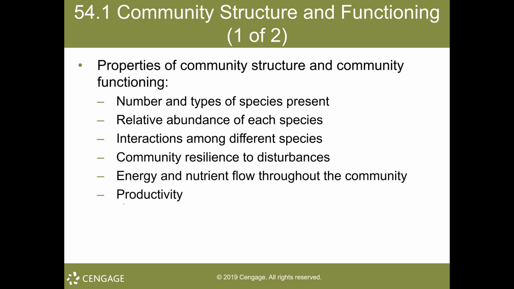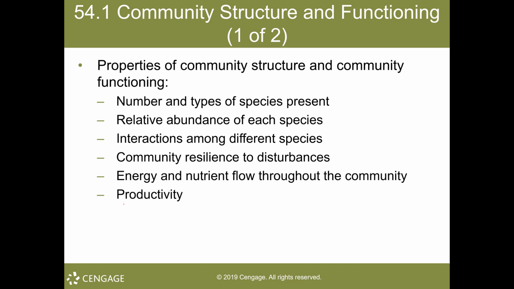Communities exhibit characteristic properties that populations lack. These properties are known collectively as community structure and functioning, and that includes the number and types of species present, the relative abundance of each species, the interactions among different species, and community resilience to disturbances. It also includes energy and nutrient flow throughout the community and productivity.